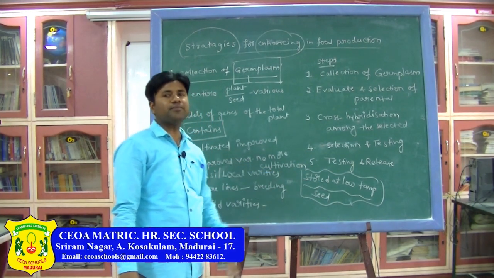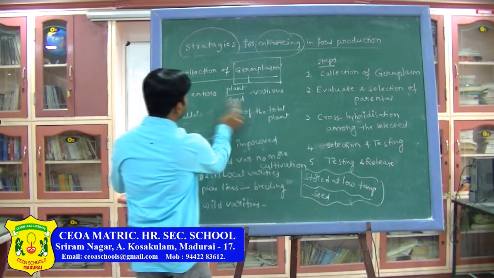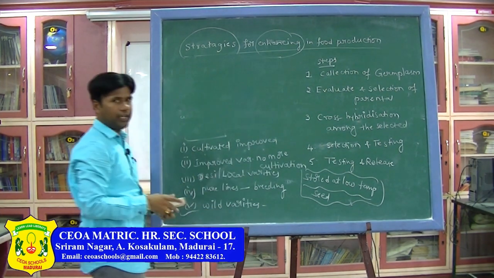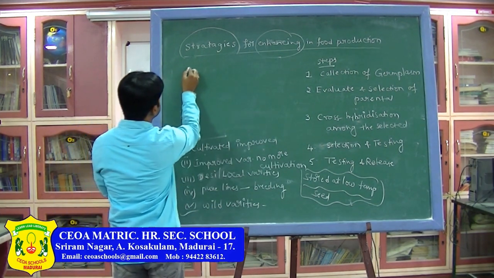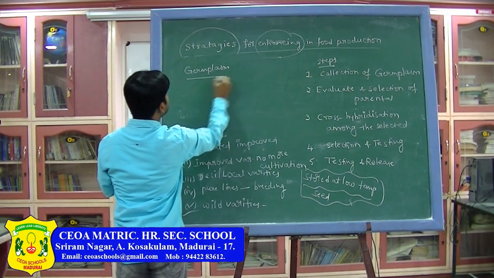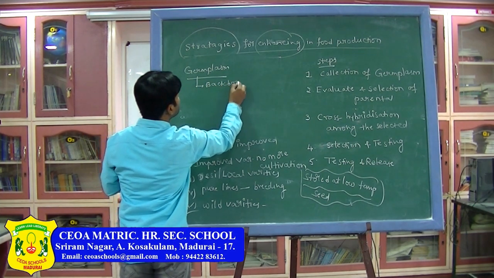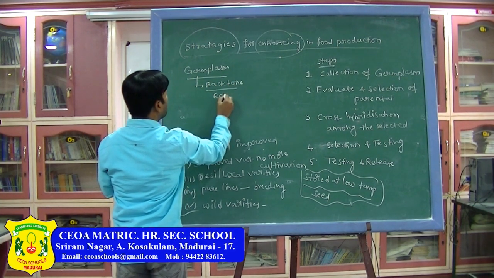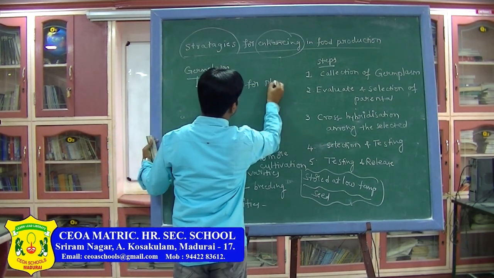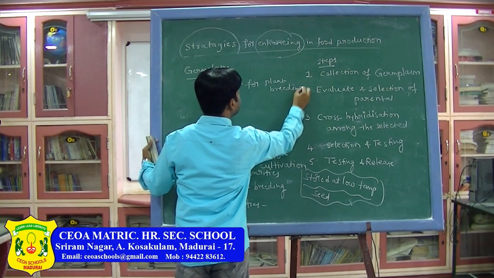Here, the germplasm is the backbone for building crop improvement or plant breeding. It is the backbone or root for plant breeding, for cultivation of the crops.